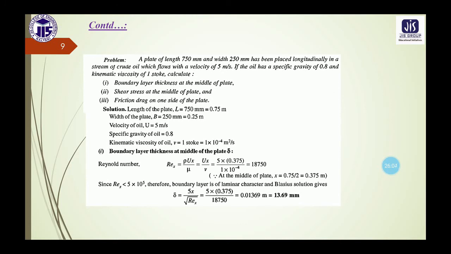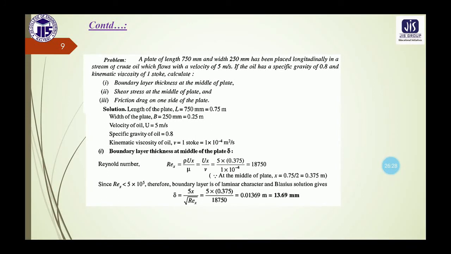Here the length and width of the plate are given in millimeter; we have written those in meter first. Then the velocity of the oil is given, and the specific gravity of the oil is also given. The kinematic viscosity is given as 1 stoke, which we have converted into meter square per second, so it is 1 into 10 to the power minus 4 meter square per second.